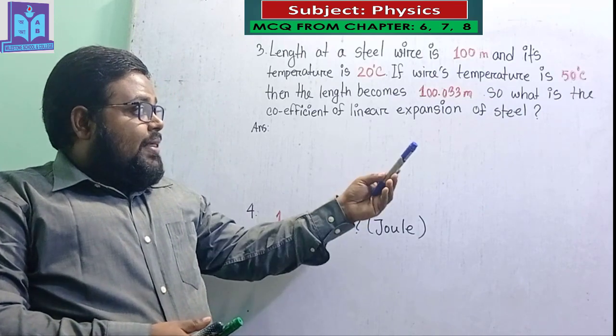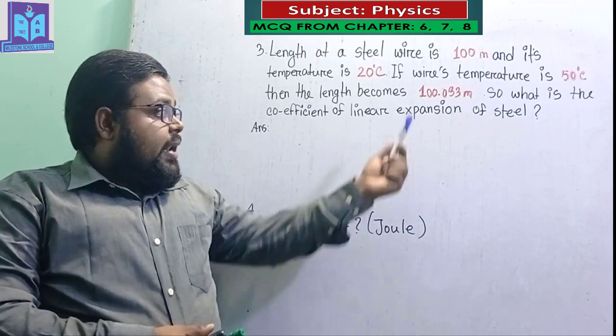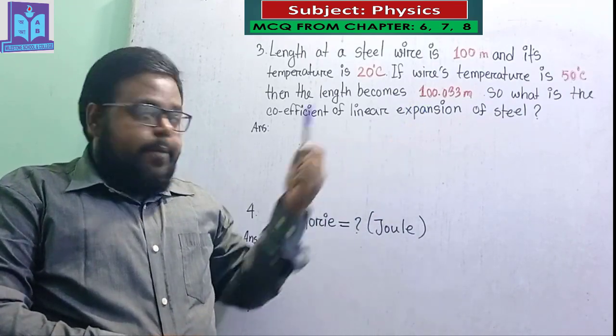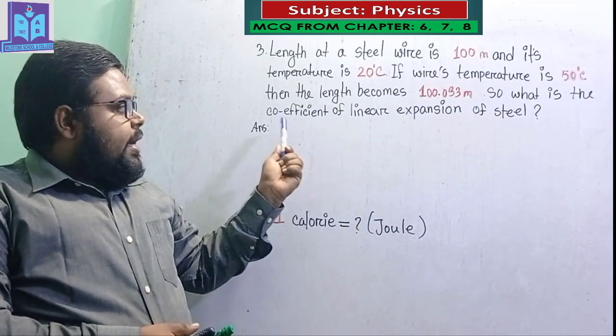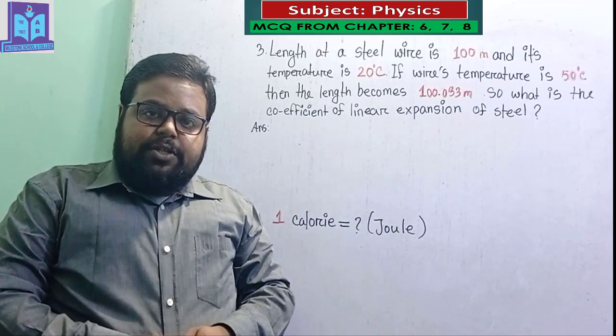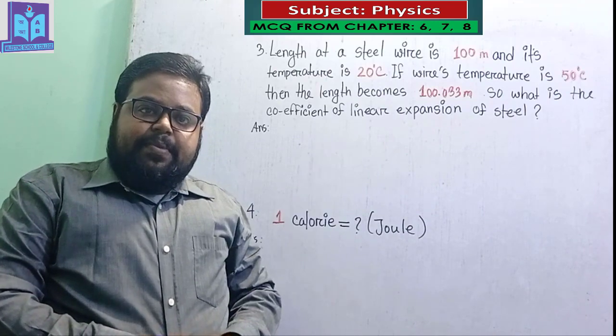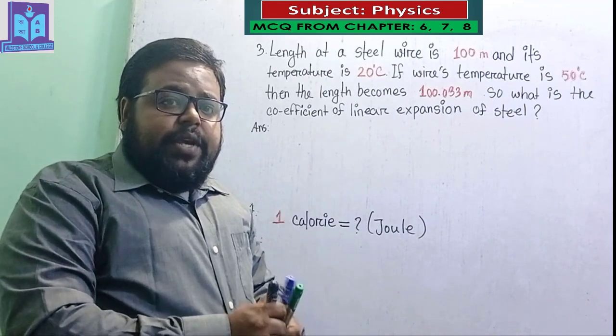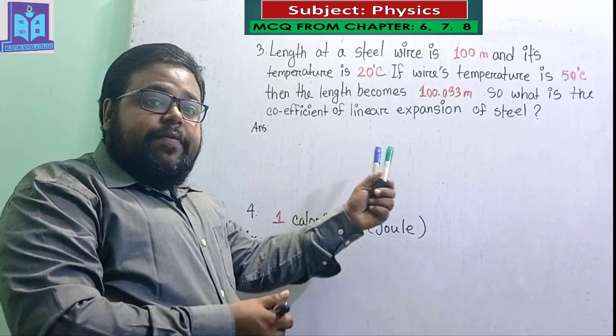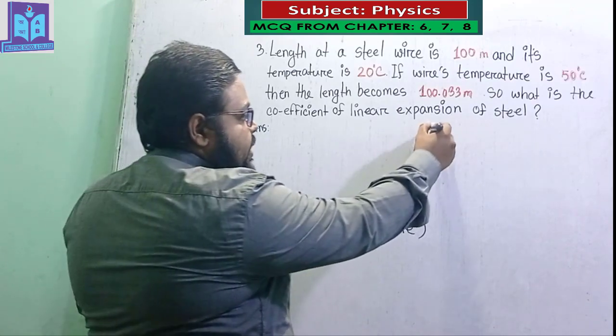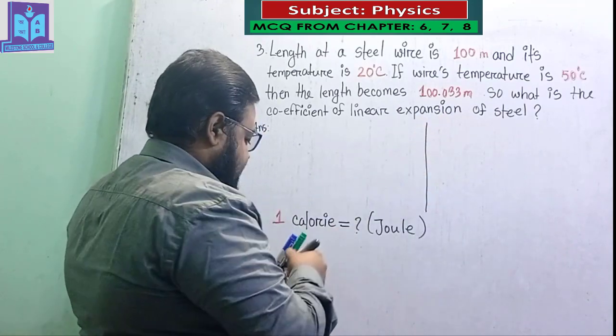That means when the temperature is increased, the length is increased. So what is the coefficient of linear expansion of steel? At first we have to write the given values.